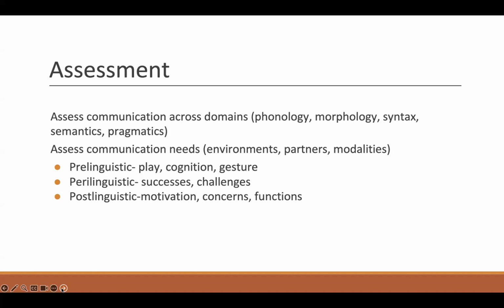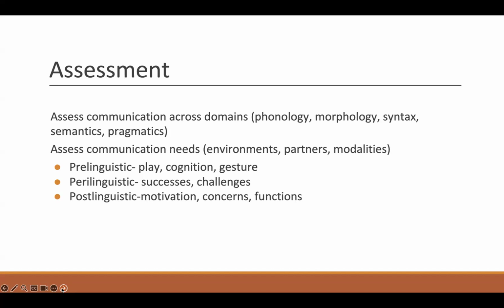And so throughout this class we're going to be talking about the interaction between language, language development, communication, and hearing technology. One of the things that we would need to do as a speech language pathologist is ensure that we're assessing communication needs, and needs might be the environments that the individual is communicating in, who the communication partners are, and also the modalities.